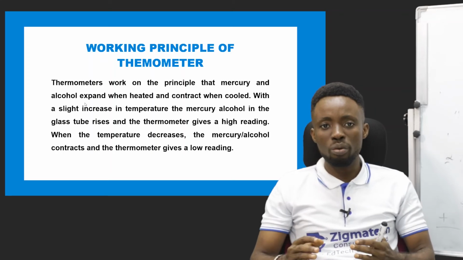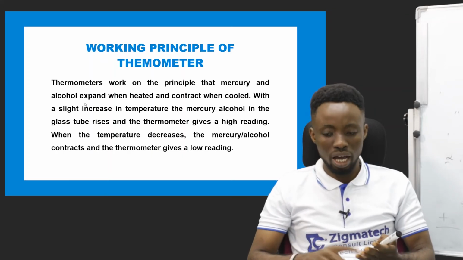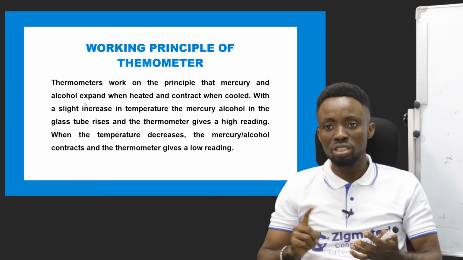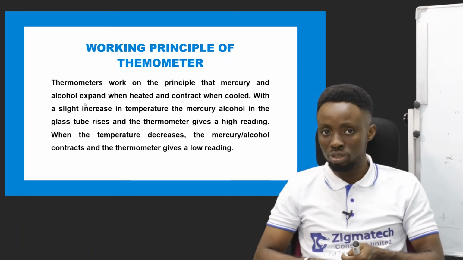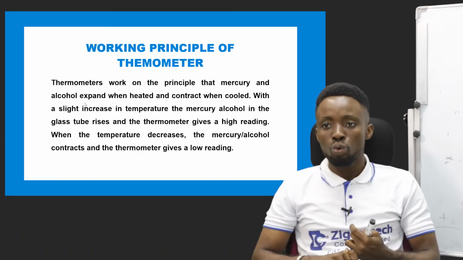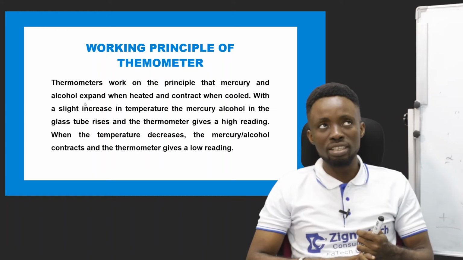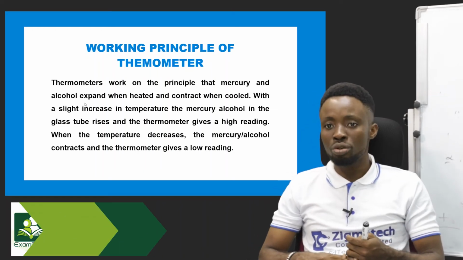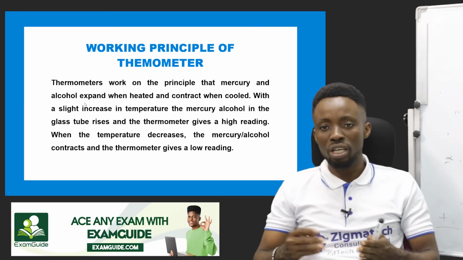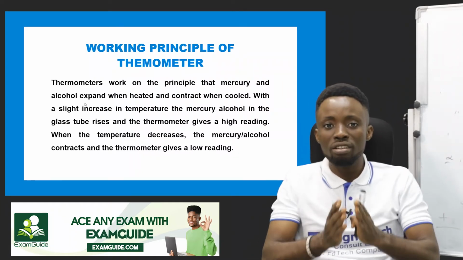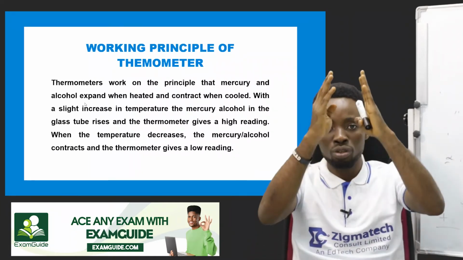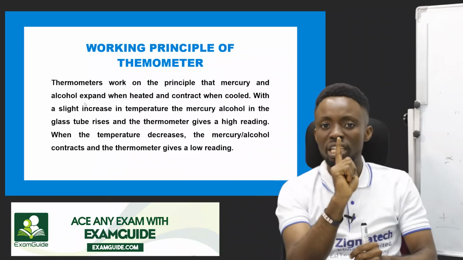Now the thing is that thermometers containing alcohol or mercury expand when you heat them, and they contract when the temperature is very low, that is, when they are cooled. So whenever there is a slight increase in temperature, you see that the mercury or the alcohol in the thermometer will rise above the initial level in the tube.